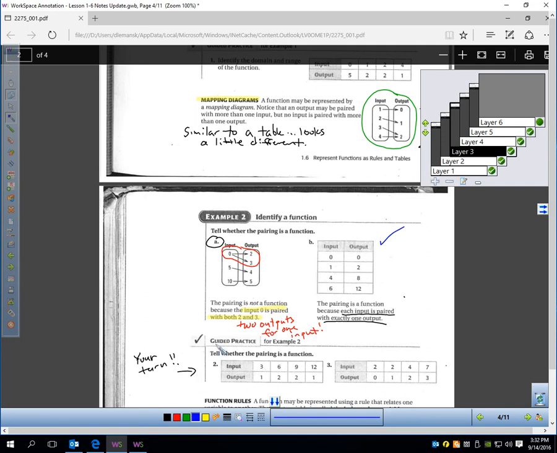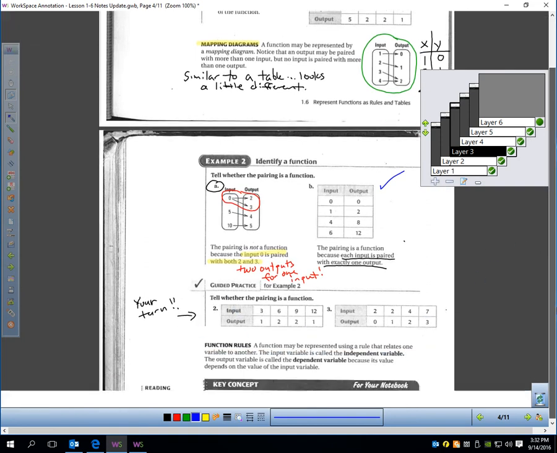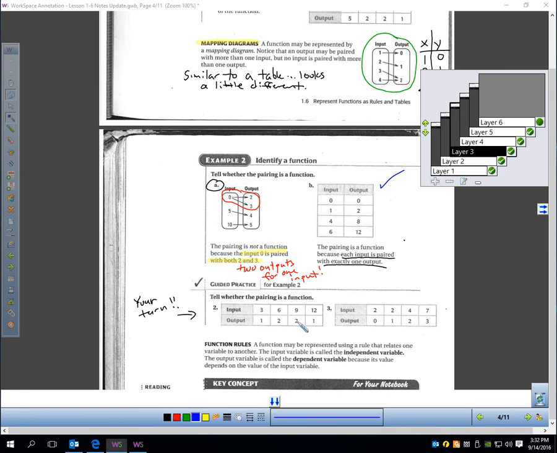Your turn. I want you to try these. Tell whether the pairing is a function. All right, let's check. This is a function. Each input only gives you one output. This table is not a function.